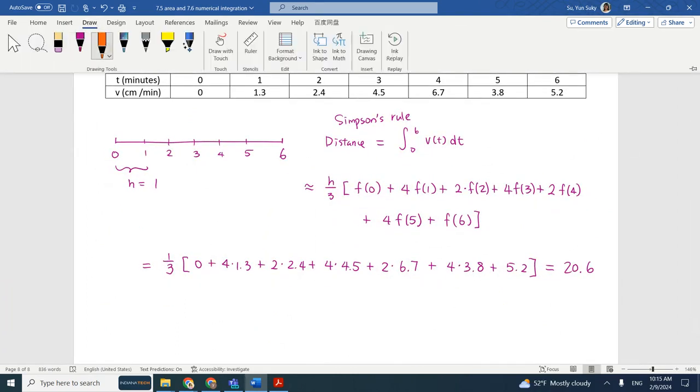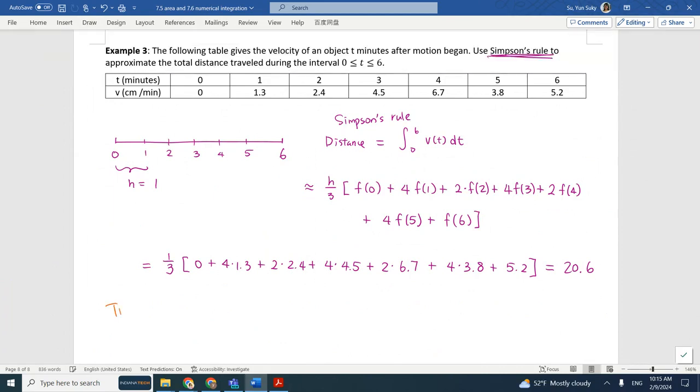How about if the problem asks you to find the trapezoid rule? If you use the trapezoid rule, what happens? h over 2, and then f of 0. How about all the interior points? 2 copies.